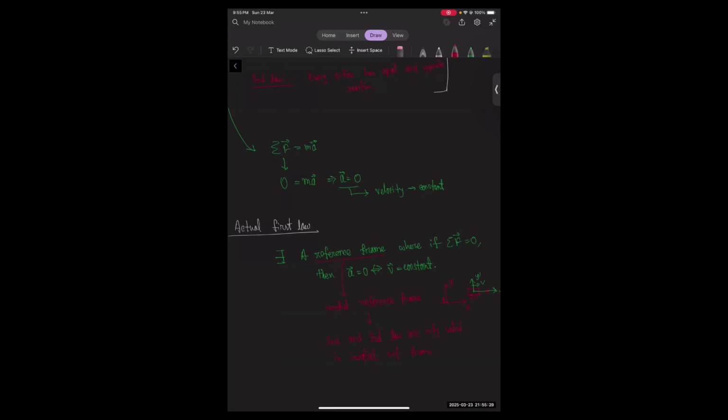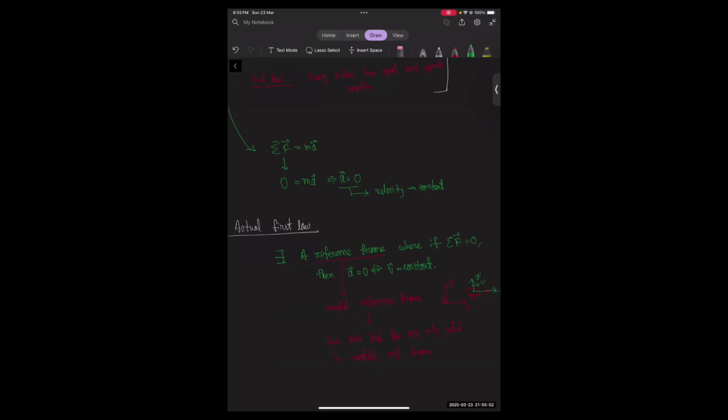In other words, they might or might not be valid in a given reference frame. What Newton said was, if you use an inertial reference frame, then the second law and third law will be valid. Now, this makes the first law very, very important, because if you don't know the first law, then you don't know where you can apply the second and third laws.